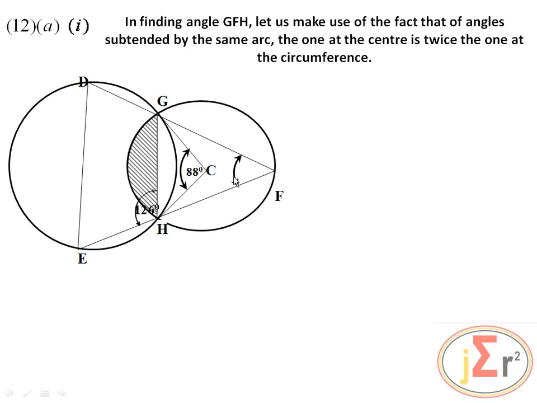The one at the center is twice the one at the circumference. Therefore, the one at the circumference is half of the one at the center. And we have angle GFH is equal to 88 degrees divided by 2, which is 44 degrees.